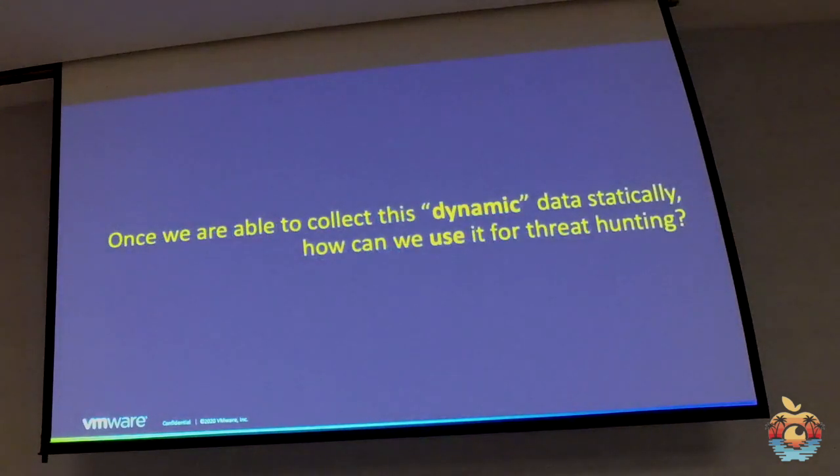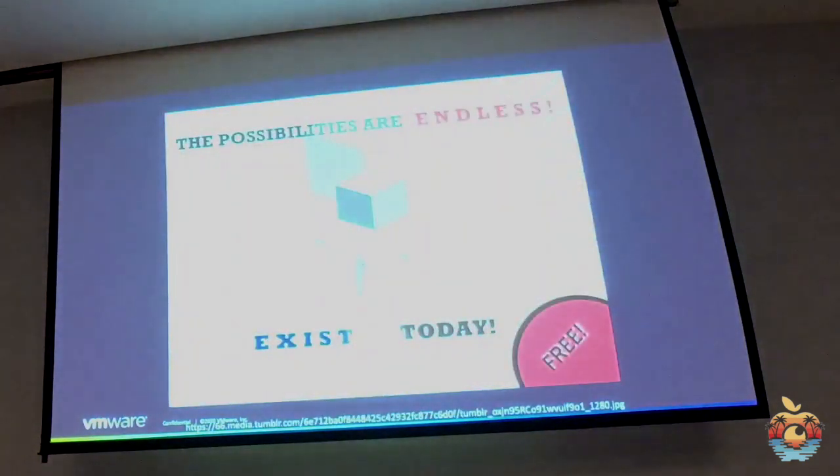We're running out of time here, so I just want to say, from a threat hunting perspective, once we have this kind of partially dynamic data, there are a lot of uses for this, right?